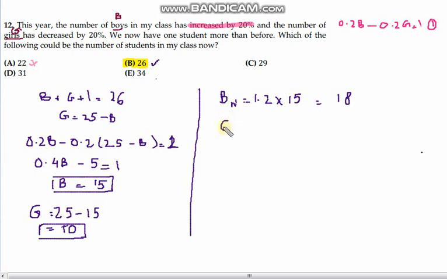And the number of girls in our new class is 0.8 times 10, and that is 8 girls. Right, now if you add these two up, you get 26, which is the perfect number for the number of students in our new class. All the students are whole numbers, and all the sums are exactly as we want them. And so we will take B as our correct answer.